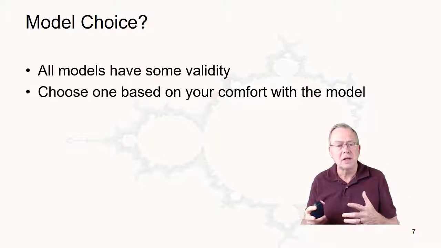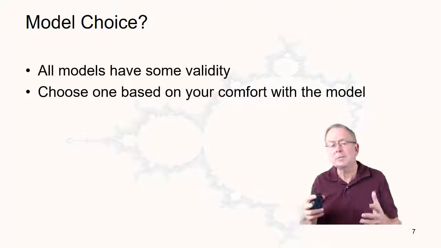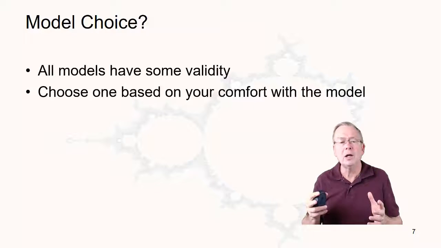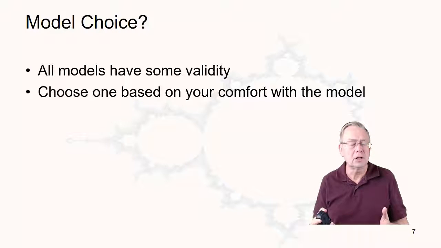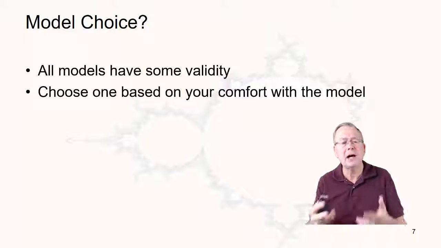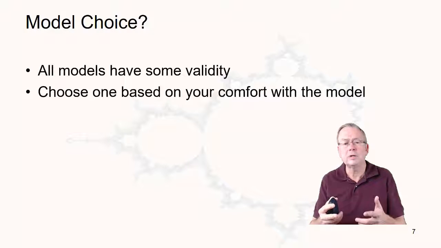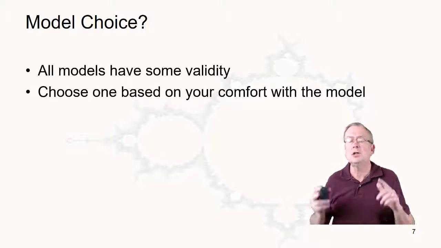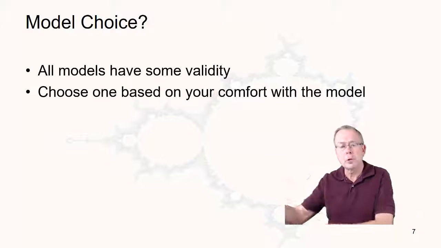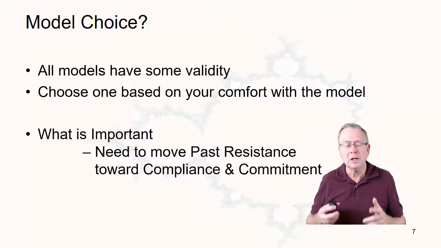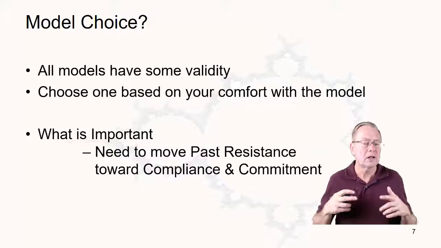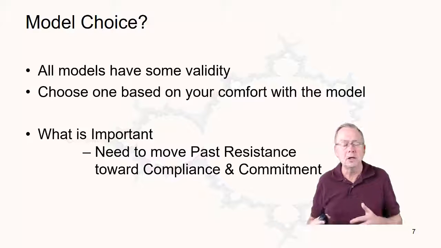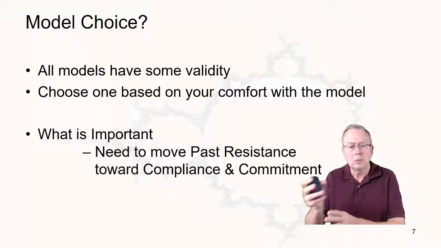In this case, the rationale behind the model is a little bit different, and you may want to review the models later when you're in a change situation to see which one fits where people are, because that then will give you some understanding of what you may need to do different to move them forward to the next step. So what's important then is to move past the resistance toward compliance, ideally toward commitment, using the model that makes sense to move people forward.